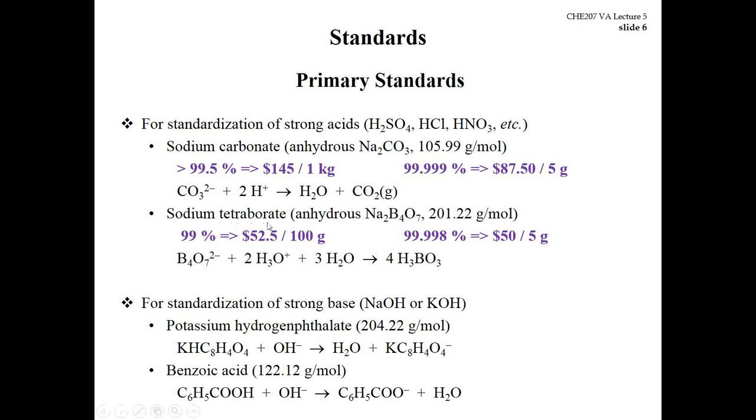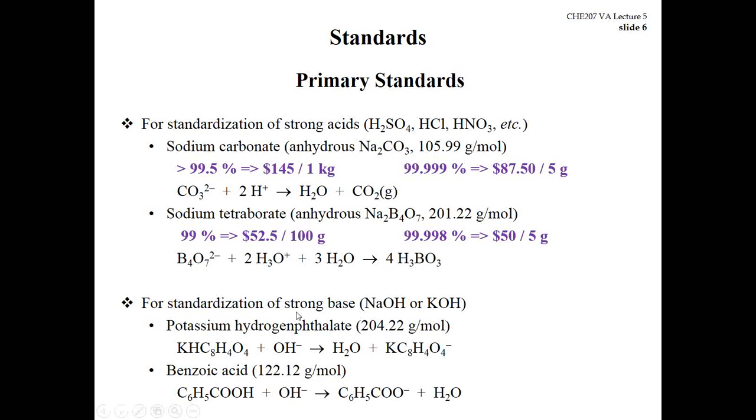For sodium tetraborate, for purity of 99%, it is just over $50 for 100 grams. For 99.998%, it would cost about $50 for 5 grams. So for the cost, it is better to use sodium tetraborate at 99.998% purity.